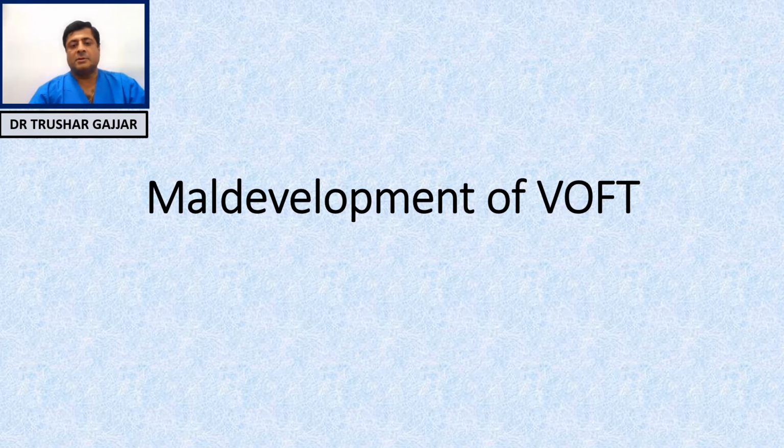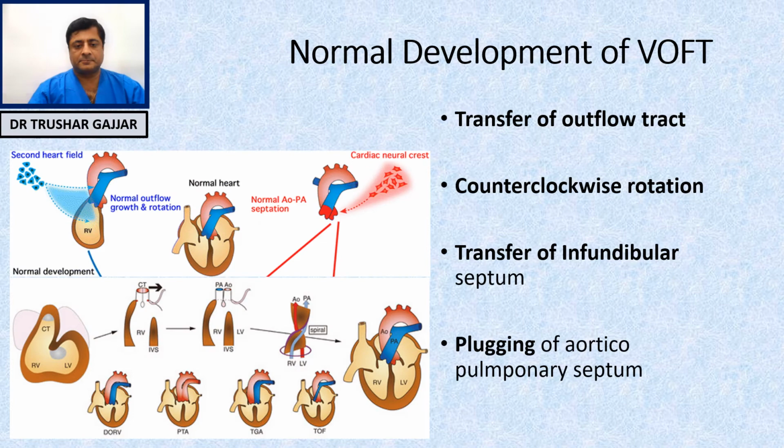Let us move on to the maldevelopment of the ventricular outflow tract. Normal development of the ventricular outflow tract occurs because of multiple mechanisms like transfer of the outflow tract, counterclockwise rotation, transfer of the infundibular septum, and plugging of the aorticopulmonary septum.